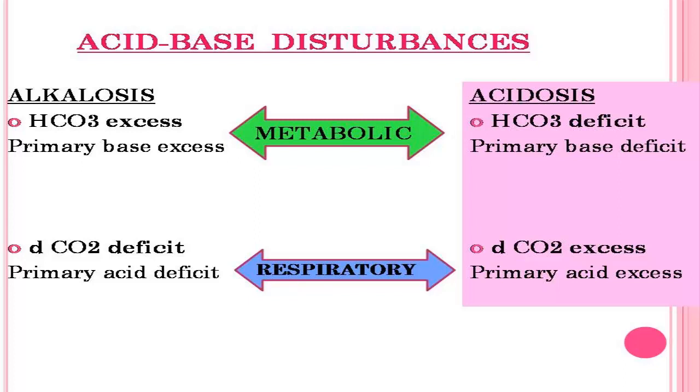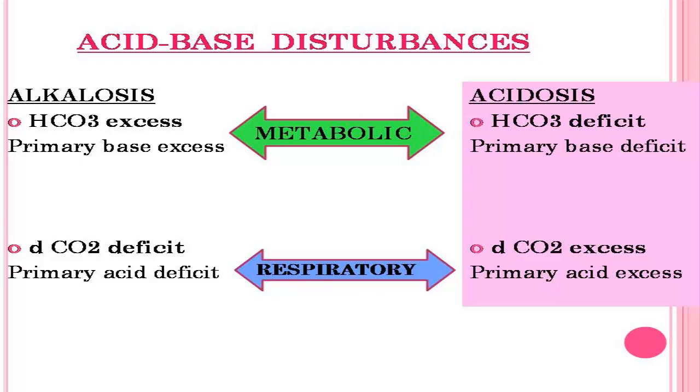In case of metabolic acidosis, what is the primary defect? The primary defect is bicarbonate deficit, that is a primary base deficit. The primary base that is present in our system is the bicarbonate. So when there is bicarbonate deficit or the primary base deficit, then it will be a metabolic acidosis. In case of respiratory acidosis, as the name suggests, the respiratory apparatus is involved here.